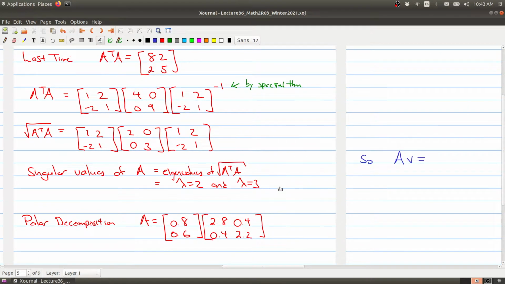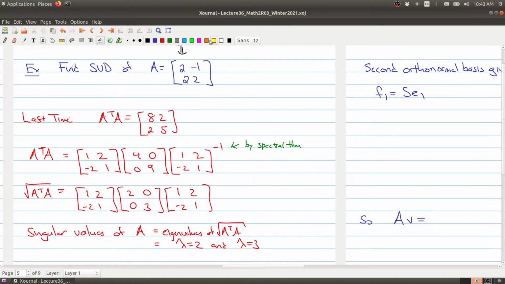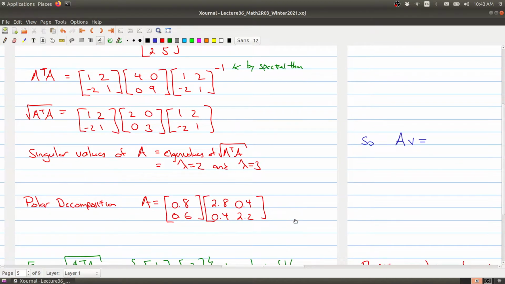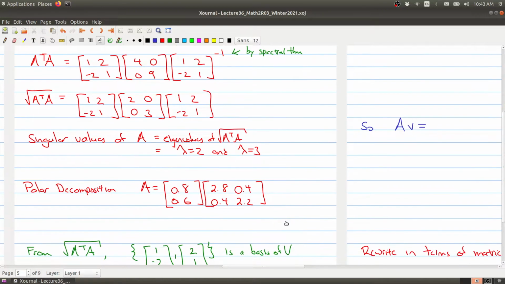Now moving on, the other thing that we're going to need is the polar decomposition of the matrix A, and we already cranked that out last class. That's this particular matrix right here, but that doesn't make sense because this isn't a proper matrix, so let me fix that. I didn't copy down my notes right, so I apologize.